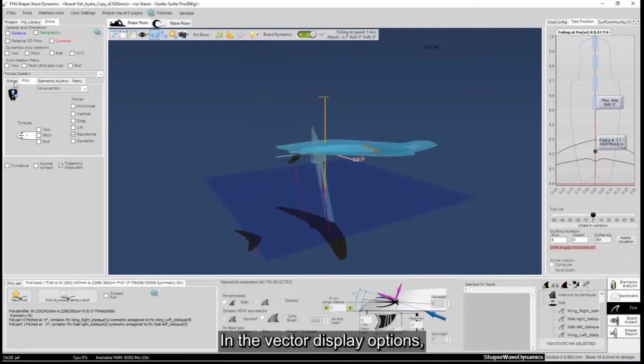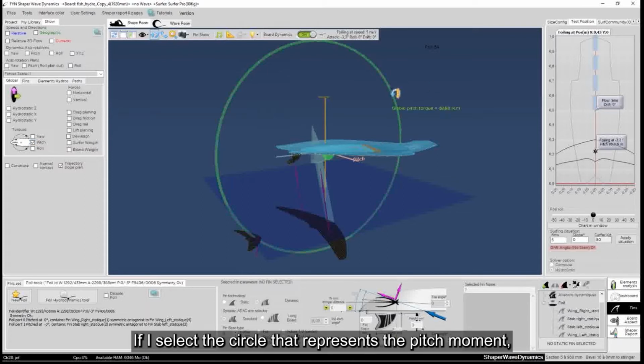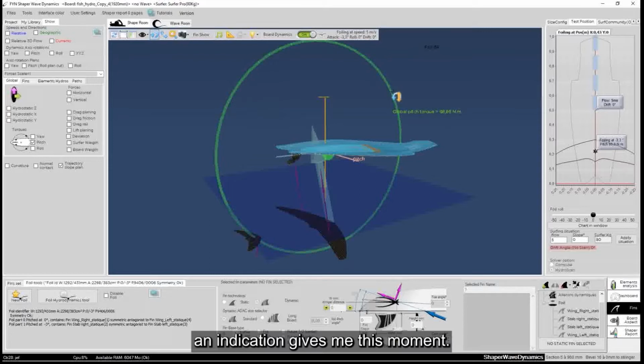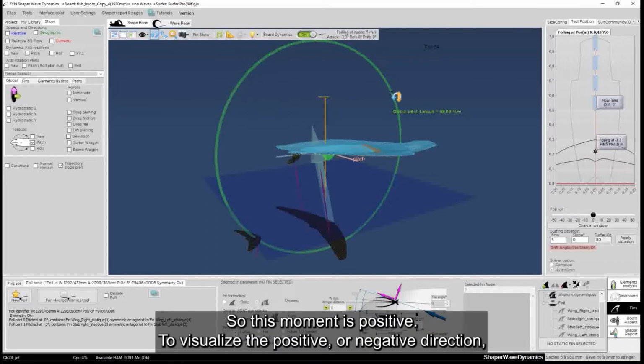In the vector display options, I'm going to display the pitch moment. If I select the circle that represents the pitch moment, an indication gives me this moment. We have a pitch moment here of 17 newton meters, so this moment is positive.